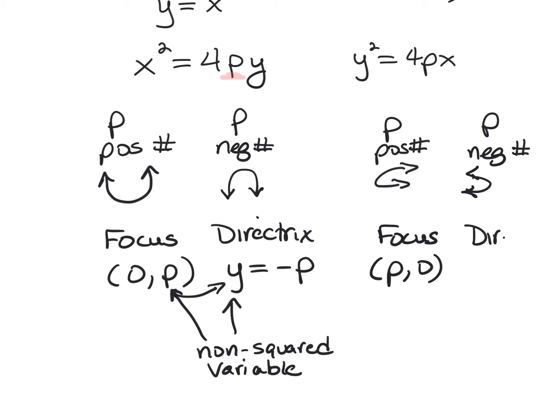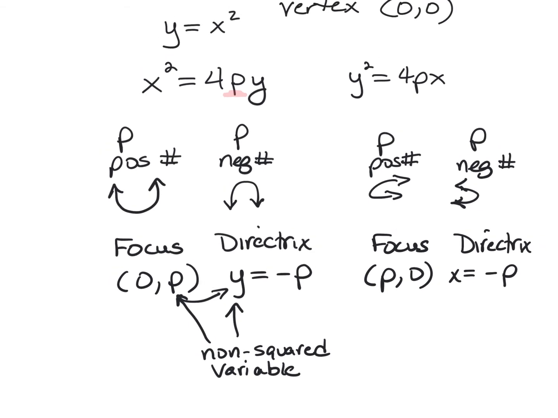And for the directrix, it's going to be the non-squared variable, which is x, equals the opposite of p. So just a little summary of what we're dealing with here. And this is when the vertex is at 0, 0. Nothing is being added or subtracted to your squared term or your non-squared x or y.